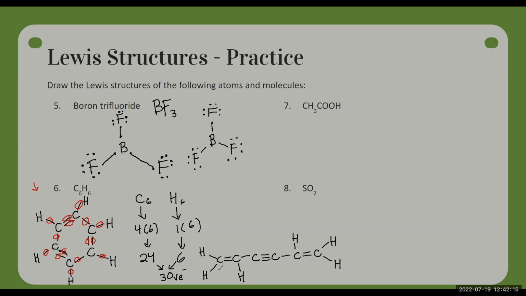And if we were to check the other answer, we can do 2, 4, 6, 8, 10, 12, 14, 16, 18, 20, 22, 24, 26, 28, and then 30. So this is also a possible structure. So you know that this one is correct. And yeah, there's probably a lot more structures you could draw, but those are just some of the possible ones.